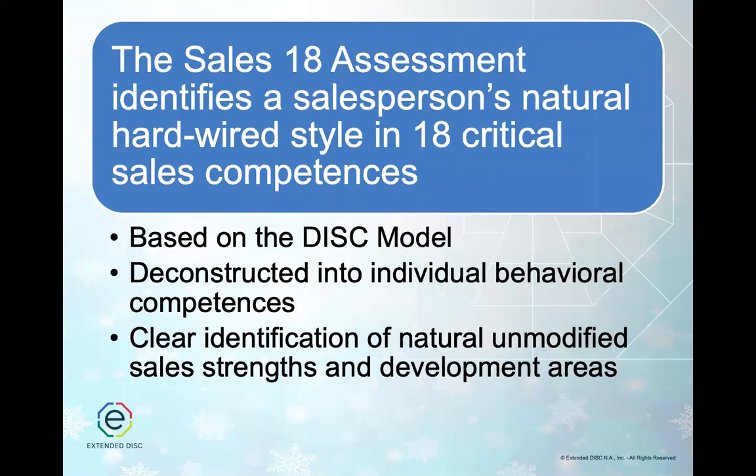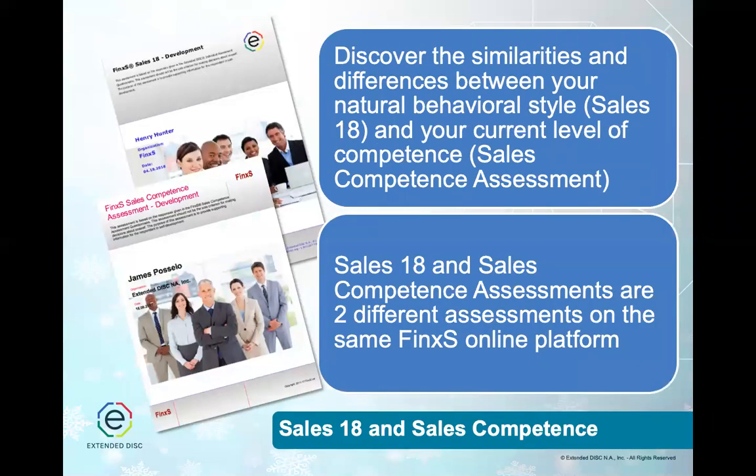And then it very clearly identifies how the person is hardwired for sales behaviors. The Sales 18 report came out around the same time as another report called the SCA, or the Sales Competence Assessment. Could you talk a little about the difference between the two?